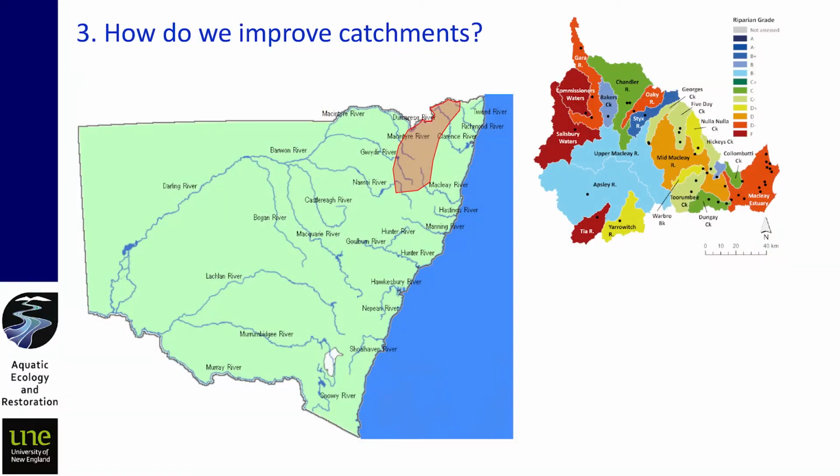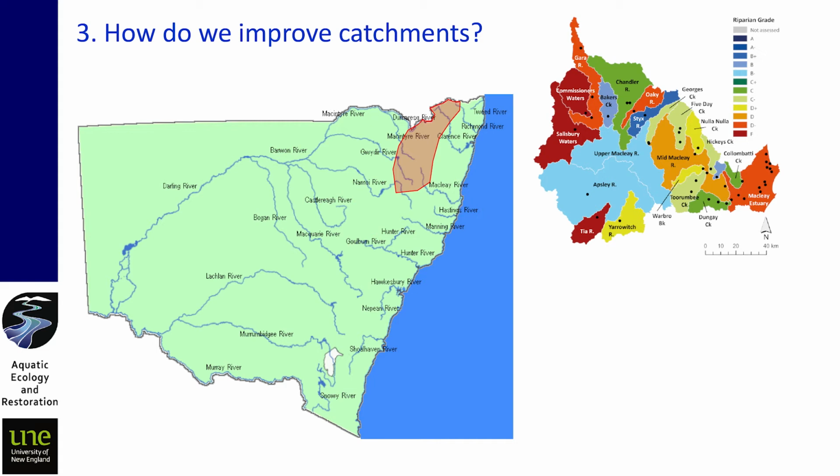So this is an example of the Macleay. The Macleay is down the bottom right of the red patch. So the Macleay drains out, a big coastal system, and it drains out near South West Rocks to the Pacific Ocean. And so this map on the right is the riparian grades that was done as an assessment of aquatic ecosystem health.